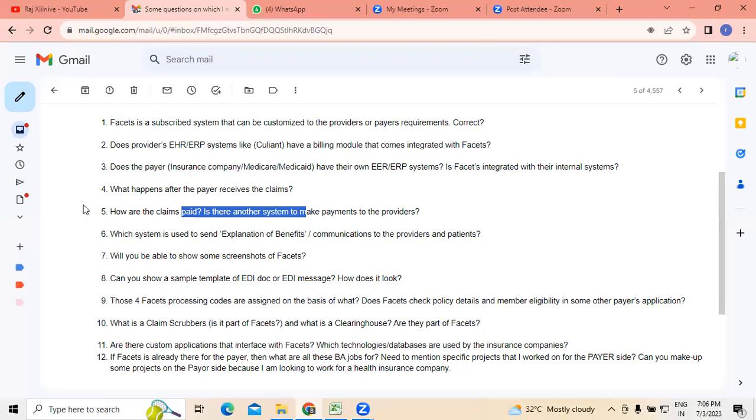Understood? So the clearinghouse is nothing but payments; whatever payments are to be done, everything happens under clearinghouses.